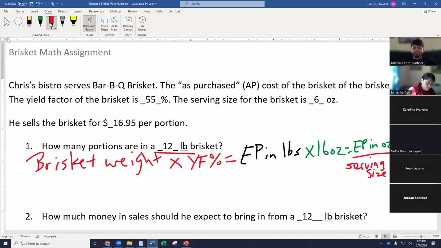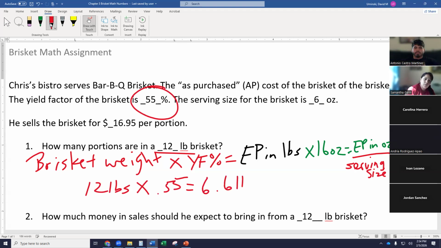All right, so just straight through: brisket weight times the yield factor. That's going to tell us how much product we have left over that we can actually serve. Okay, so now let's actually put it into numbers. 12 pounds, this is my brisket weight, times the yield factor of 0.55, which is 55%, gives me 6.6 pounds.